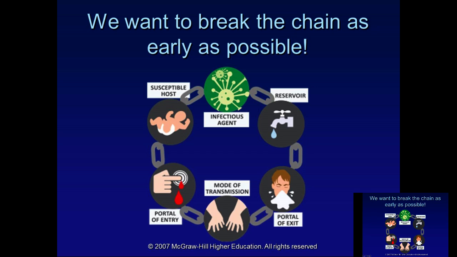The virus is spread via the oropharyngeal route. So their saliva is potentially contaminated on the cup. It's leaving their mouth and hitting the cup, which would be the mode of transmission. You drink from that cup, and then it would enter your portal of entry, which is your mouth. So the portal of exit is their mouth. The portal of entry is your mouth.